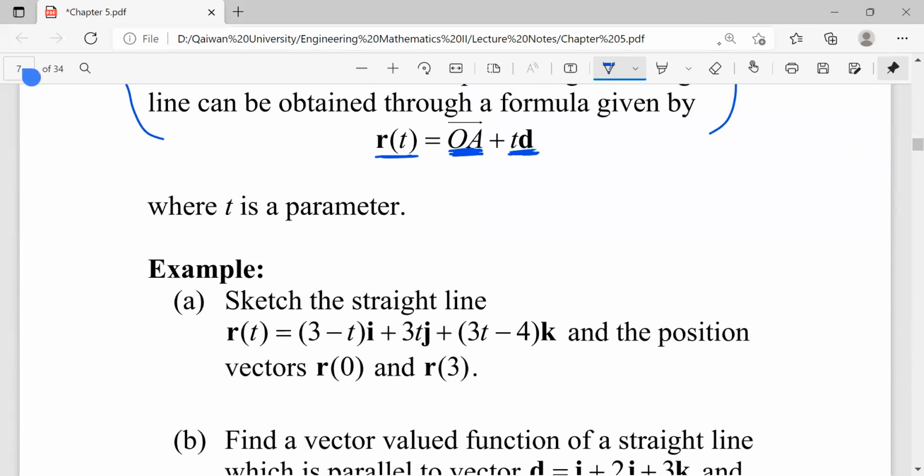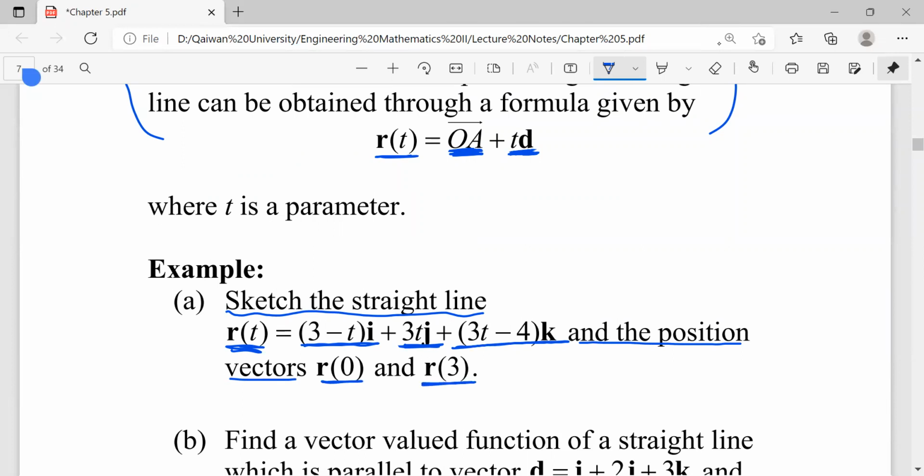Here we have some examples. In the first example, it says sketch the straight line R of t equals (3 minus t) i plus 3t j plus (3t minus 4) k, and the position vectors R of 0 and R of 3.